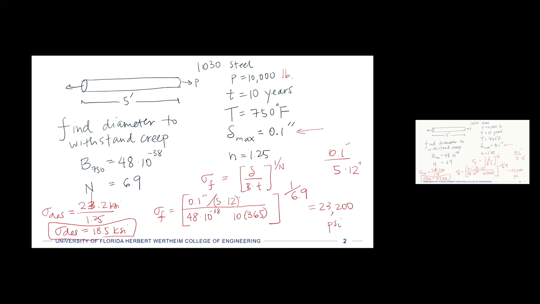Okay. And then we just solve for diameter based on the definition of axial stress, right? So this is super easy. We just say that the design stress is equal to our load divided by the area, pi times d squared divided by 4.